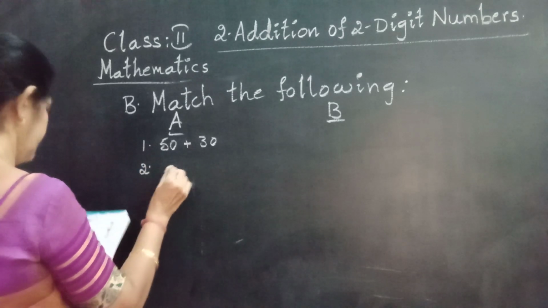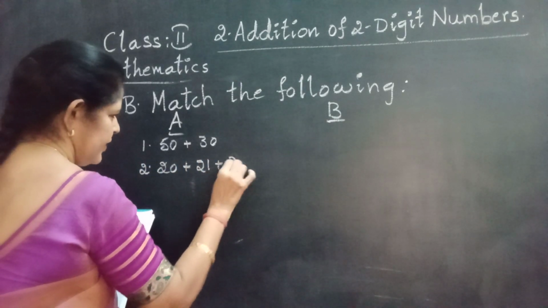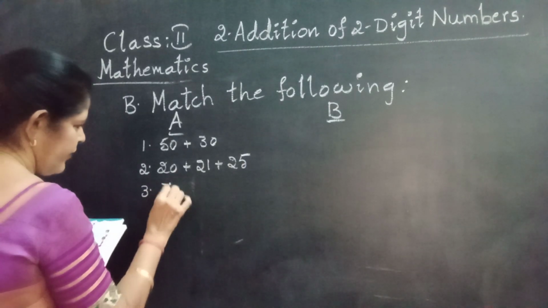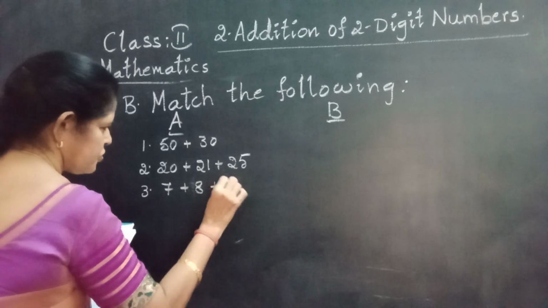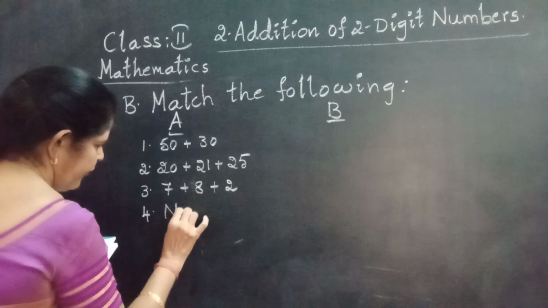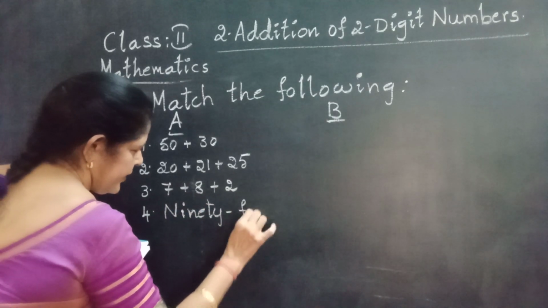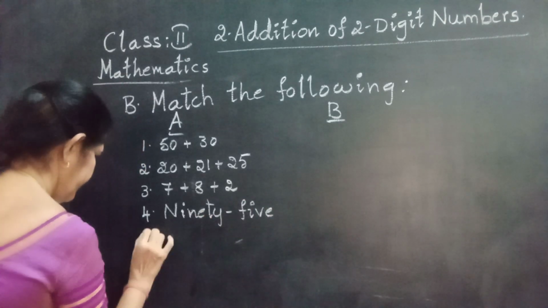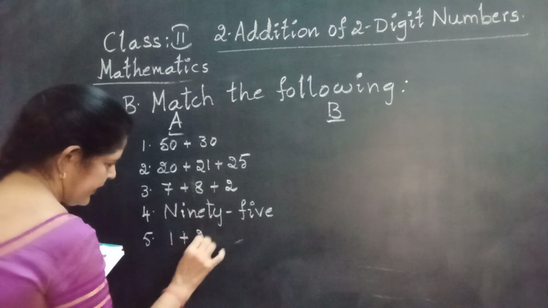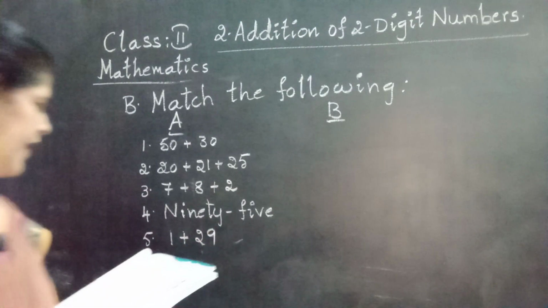Second one, 20 plus 21 plus 25. Third one, 7 plus 8 plus 2. Fourth one, 95, N-I-N-E-T-Y, 90, F-I-V-E, 5. Fifth one, 1 plus 29. These are the given. Yes, below column A.